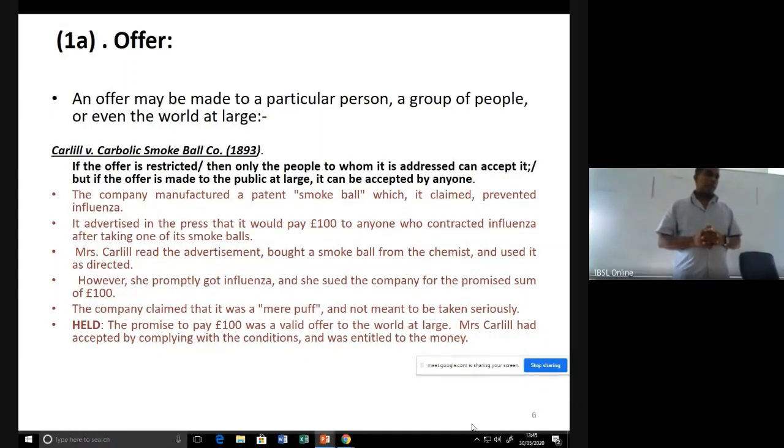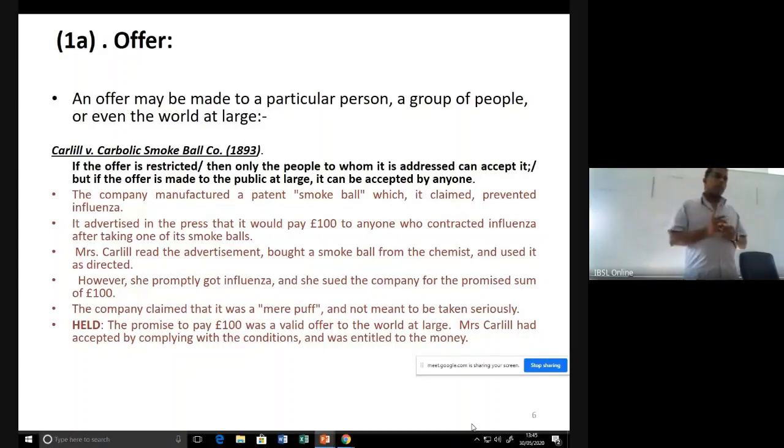It's an English case decided in England in 1893, more than 100 years old. But the principle is the same. To understand the principle with regard to the offer, this is very important.